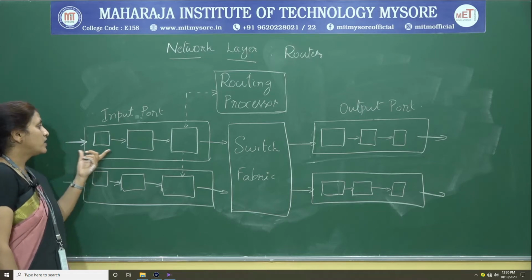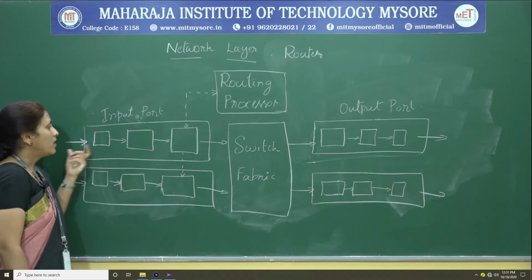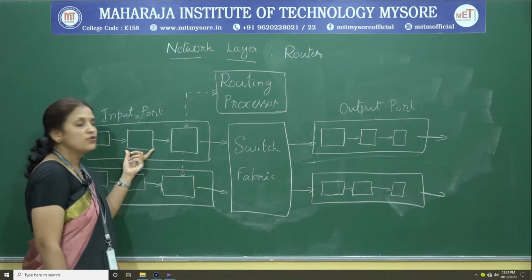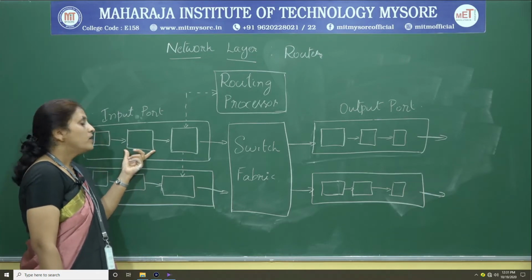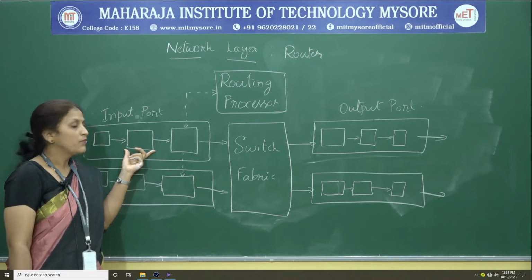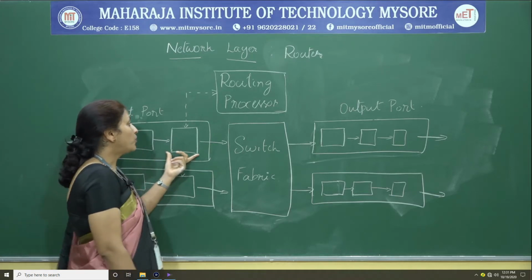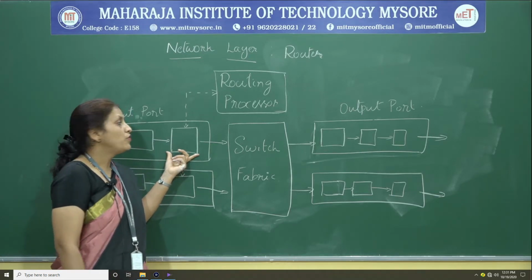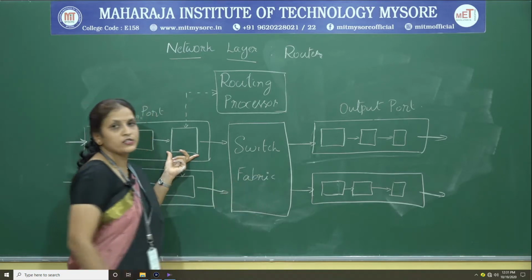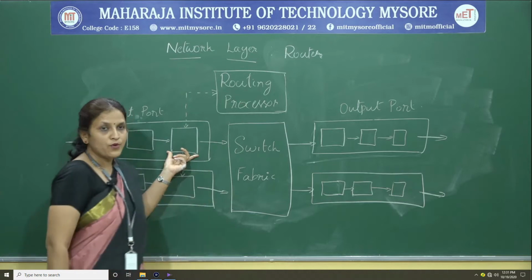It detaches the physical connection for that particular packet from the network, and then it is forwarded to the next place. Here the functionalities with respect to the data link layer take place, and then it will be forwarded. Here the input port will determine to which output port it has to be forwarded. This is done with the help of the routing processor.